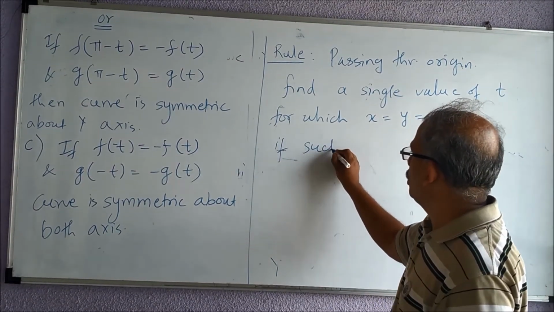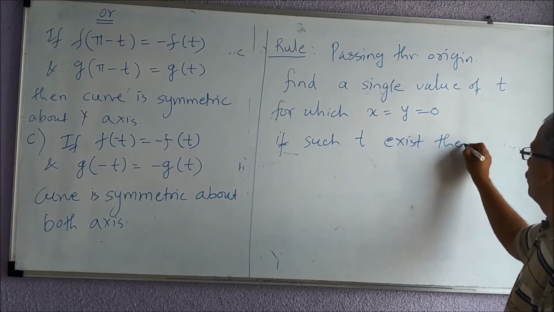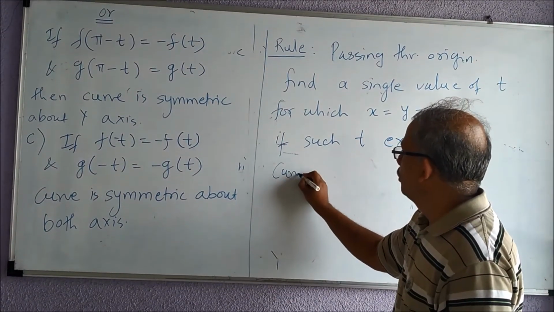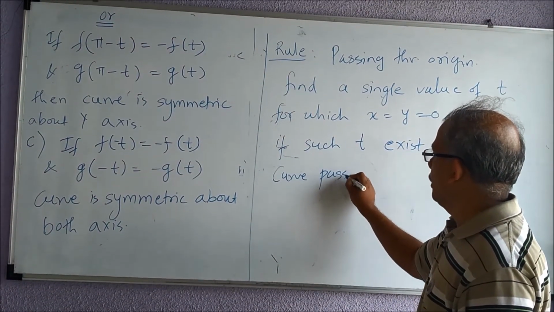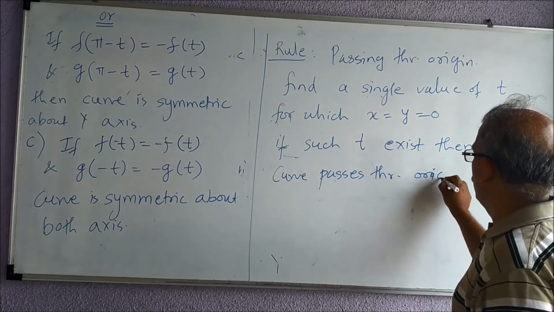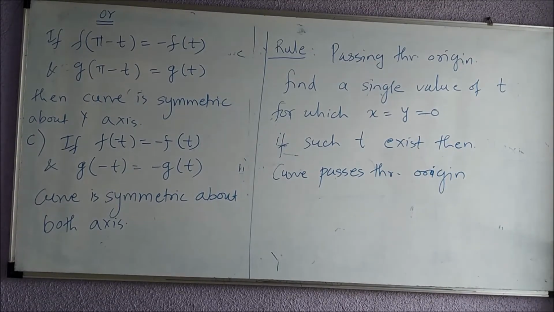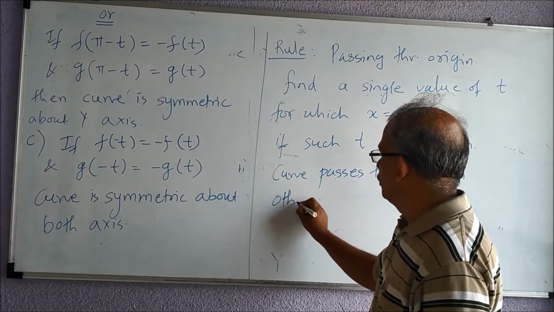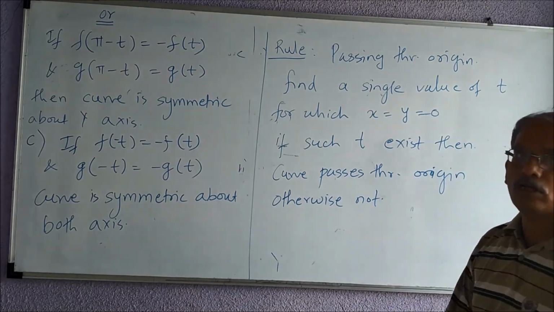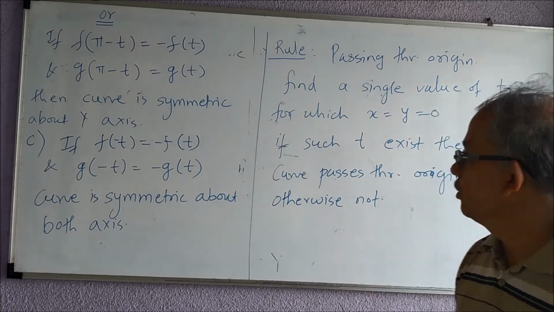If such t exists, then the curve passes through origin, otherwise not. This way you can decide whether the curve is passing through origin.